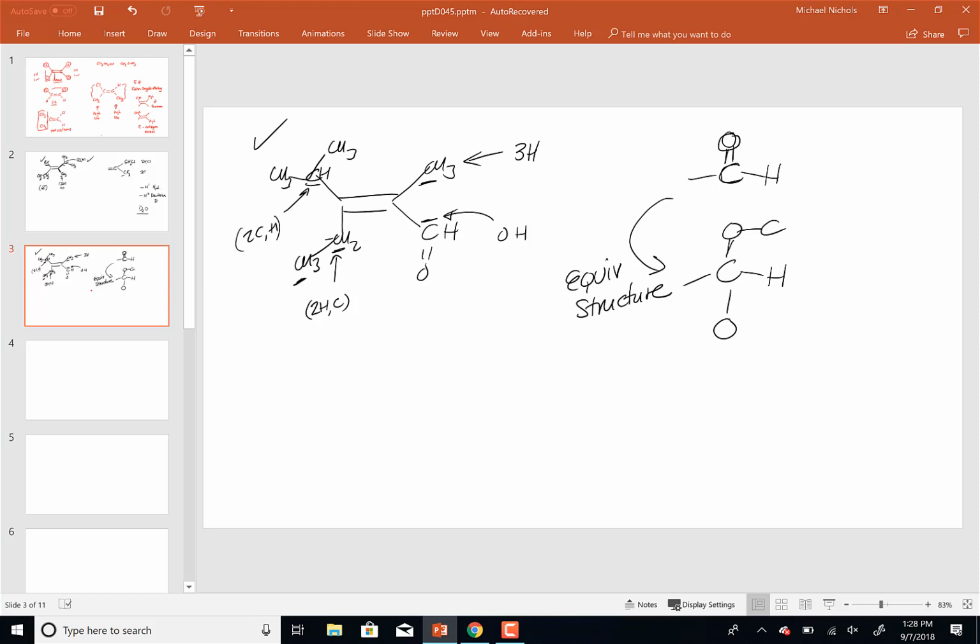But now I can compare 3 bonds versus those 3 bonds. So now when I say for this aldehyde, what's attached to that carbon, it's 2 O's and an H, because that's what it is in the equivalent structure.